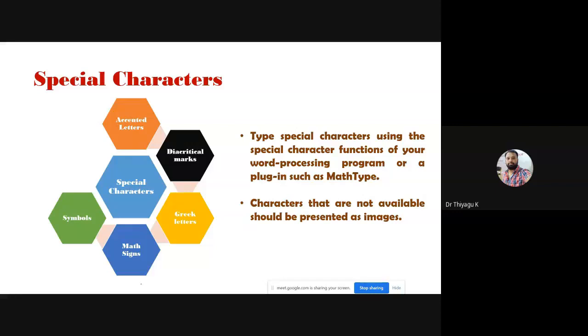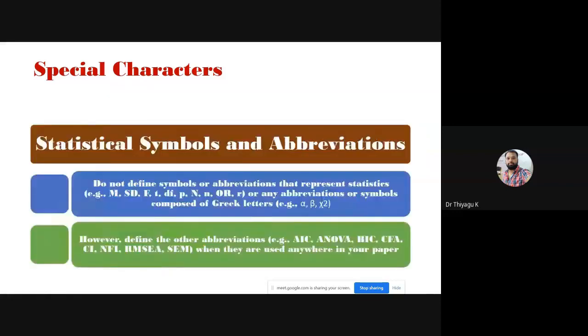Normally, when you are writing the first chapter, mean, standard deviation, F test, T test, df, P, N, when you're typing like this, don't give these in the abbreviations part, because normally people already know them. But some statistical abbreviations like ANCOVA, ANOVA, BAC, CFA, we have to give.